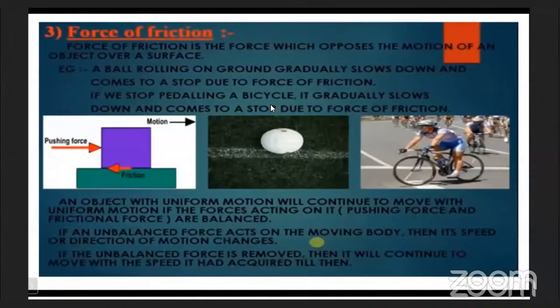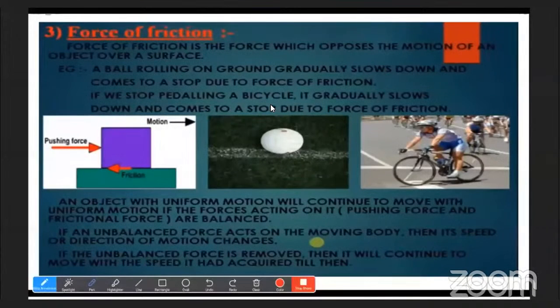So next one, forces of friction. So force of friction is the force which opposes the motion of an object. Okay, so forces of friction. Force of friction is the force which opposes the motion of an object over a surface.